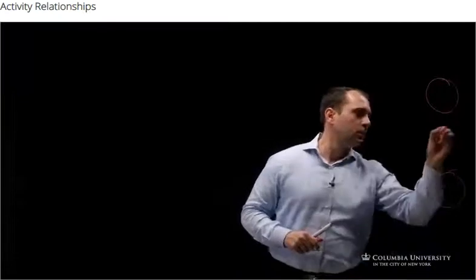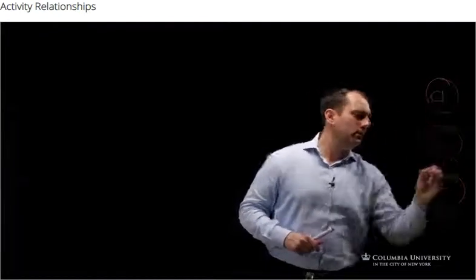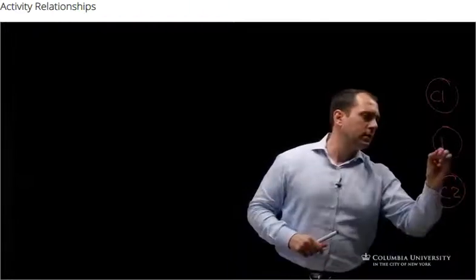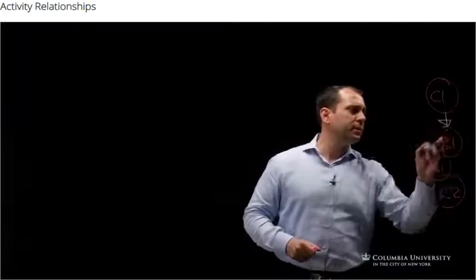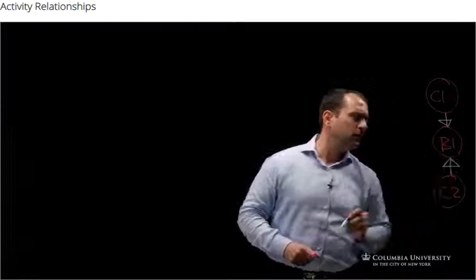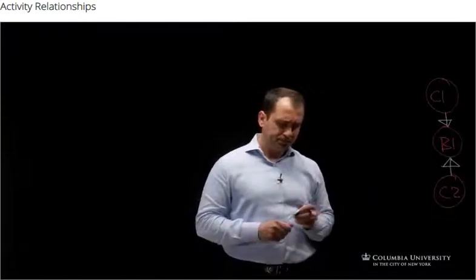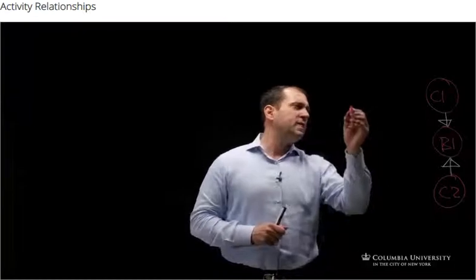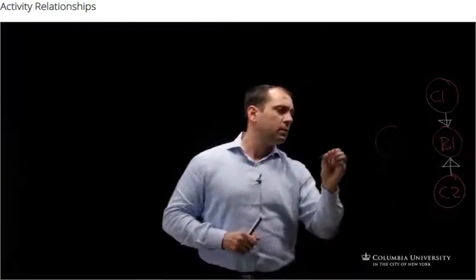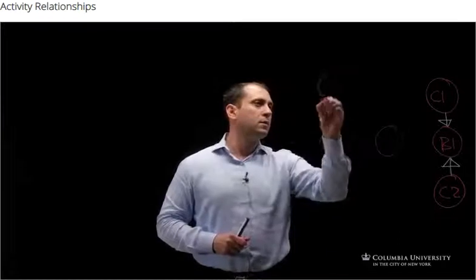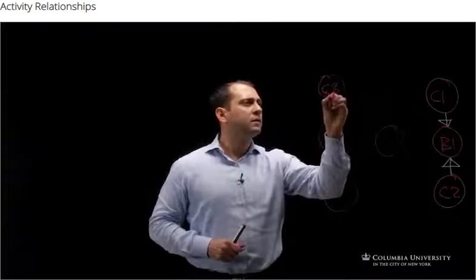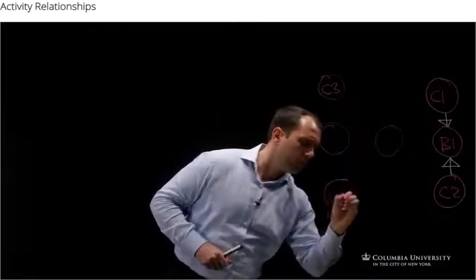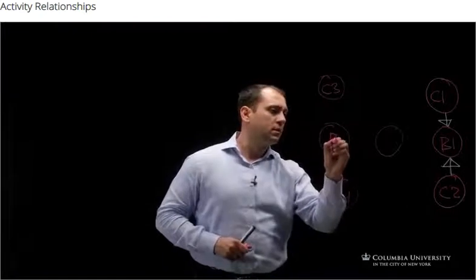We have column 1, column 2, and we have beam 1. And we said the relationship goes like that, similar to what we did in the previous example. And then we have the same thing for column 3 and column 4 and beam 2.